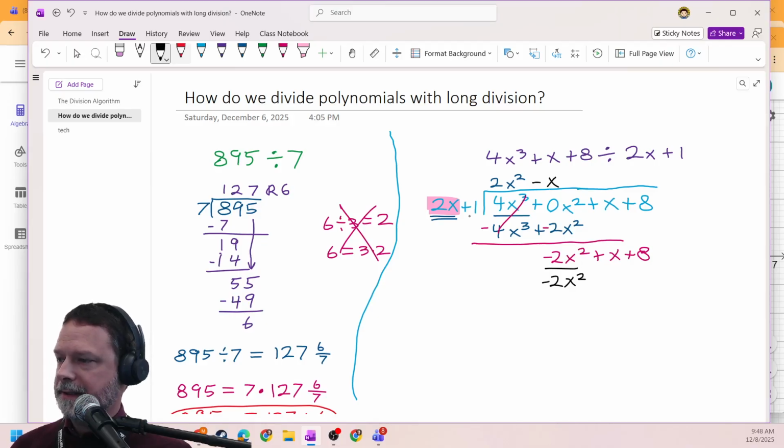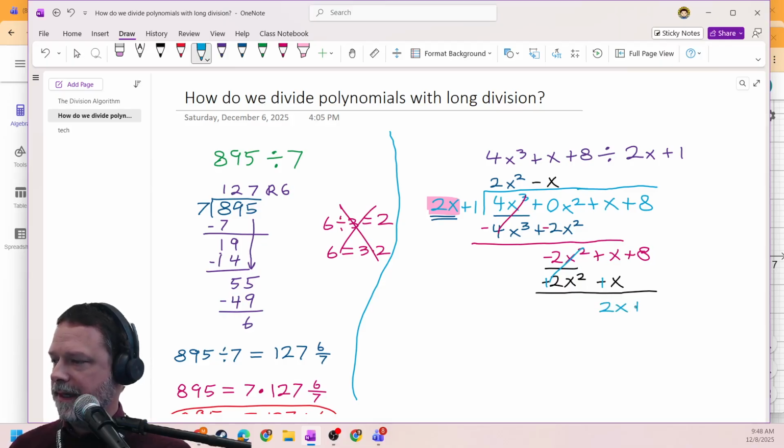And then negative x times 1 is negative x. And then subtract, just like we do over here. Then we subtract. So that means change the signs and add. So that's a positive now. That's a positive now. Change the signs and add. So that cancels out. x plus x is 2x. Bring down the plus 8.